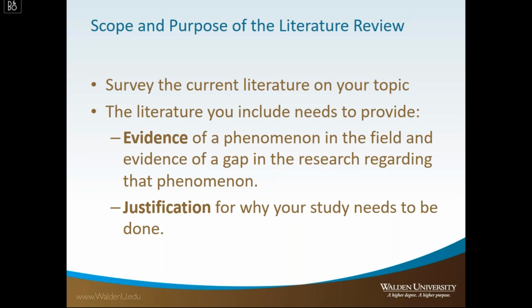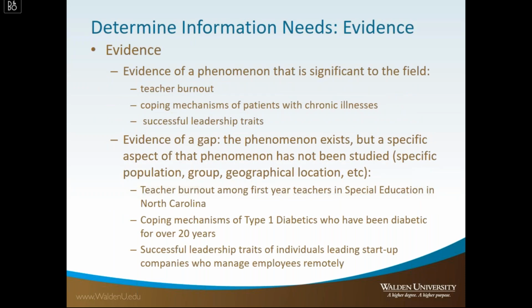So let's look at these two ideas just a little bit closer before we move on. So evidence. When we're looking through all the literature that's on our topic, it's highly unlikely that we are going to find research that directly speaks to our very narrow doctoral level research problem. And that's a good thing, because if there was research on there, then it wouldn't be a gap in the literature and you would have to probably choose another research path.